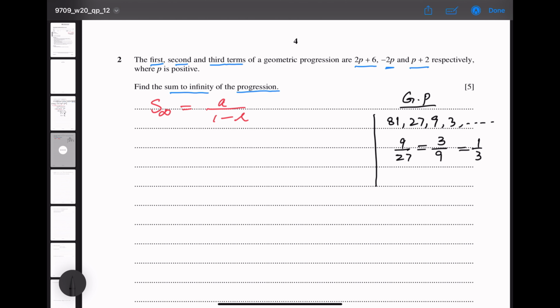So it is given that 2p plus 6 is the first term of the GP. The second term is minus 2p. The third term is p plus 2.